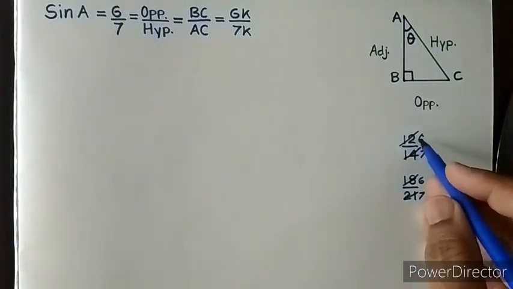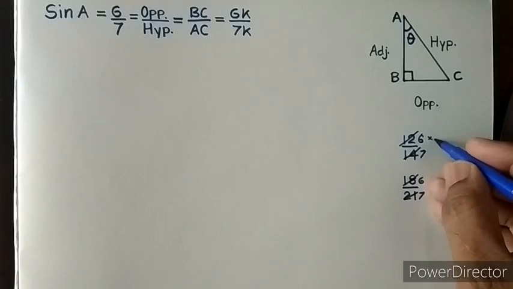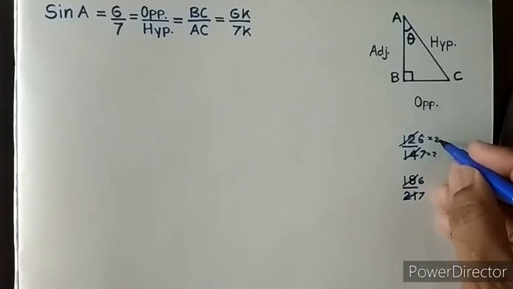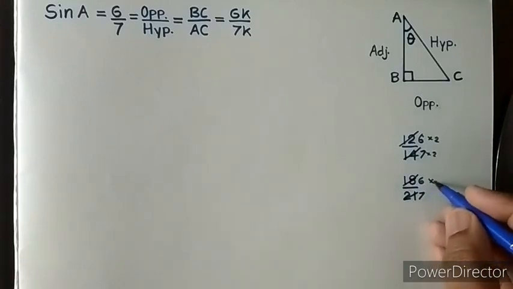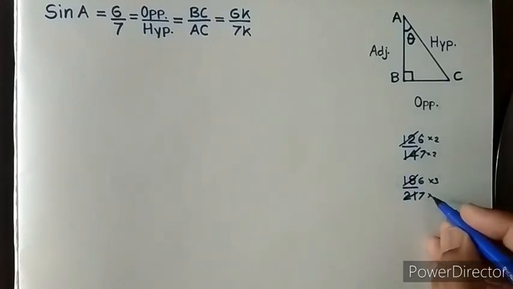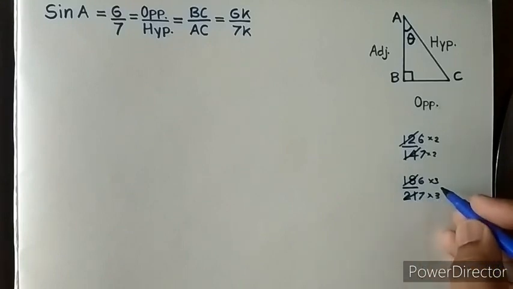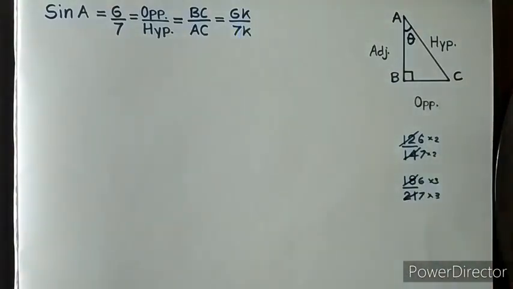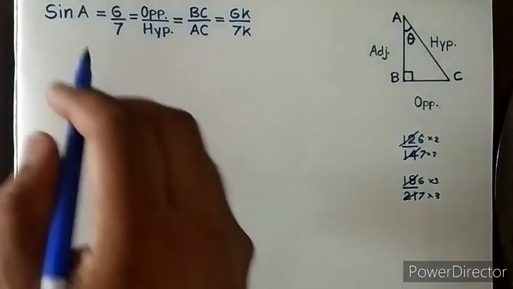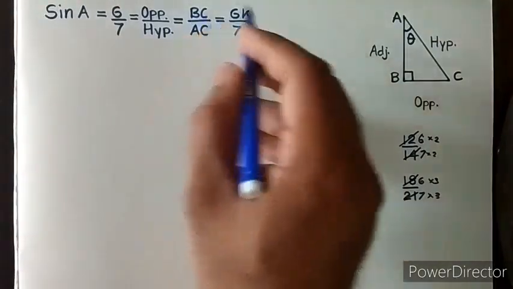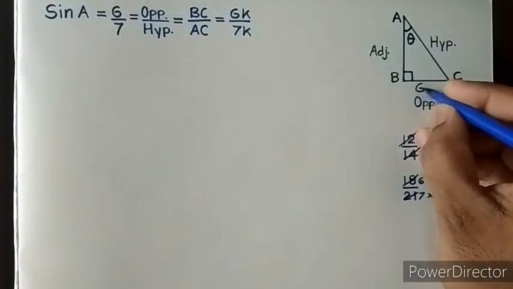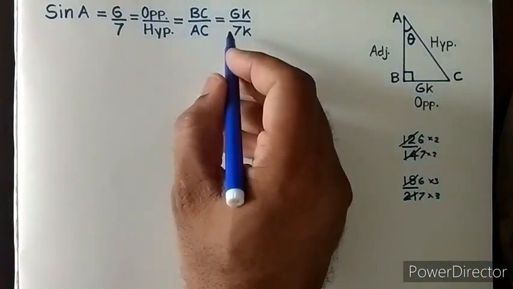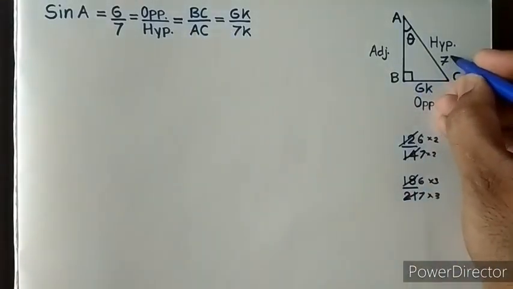Here the common multiple is 2, and here the common multiple is 3. So the common multiple varies, and that's why we have taken this common multiple K. And hence we can write your side BC as 6K and your hypotenuse AC as 7K.